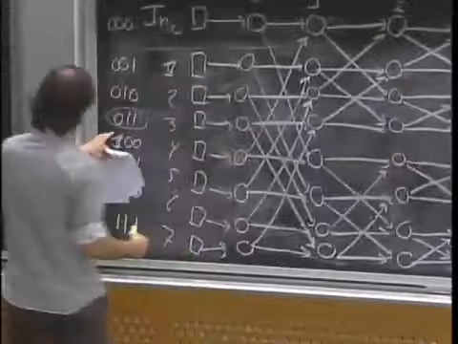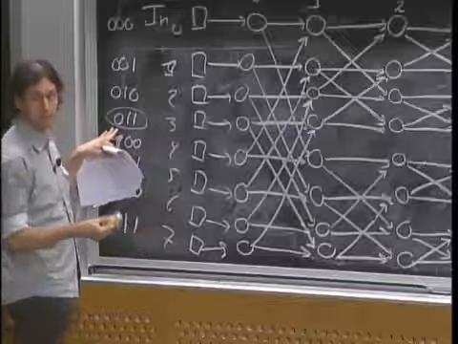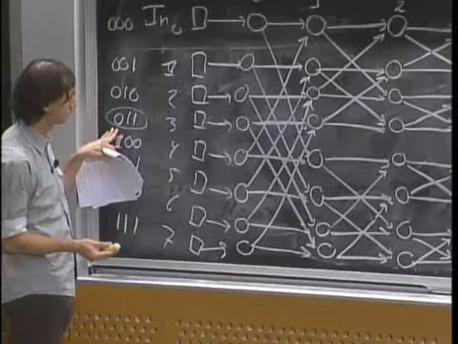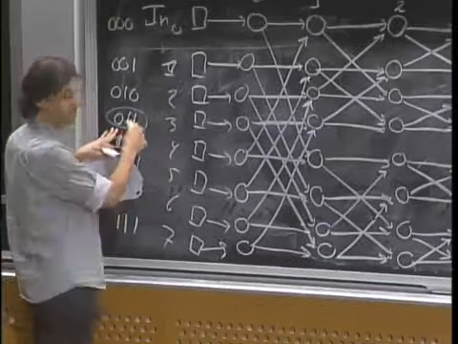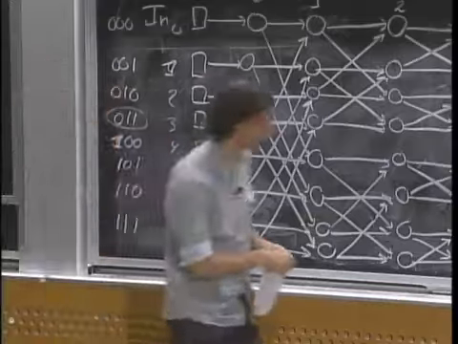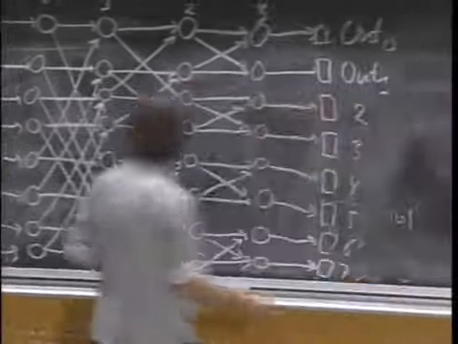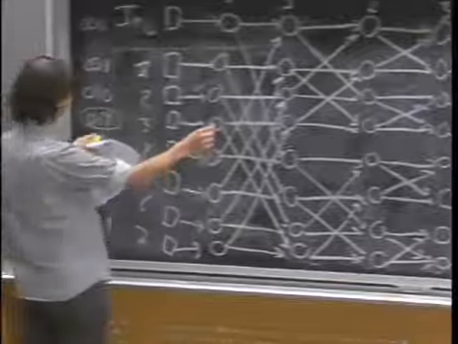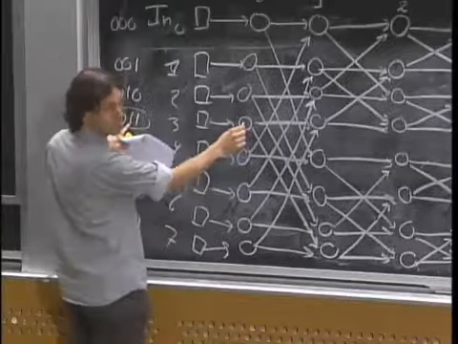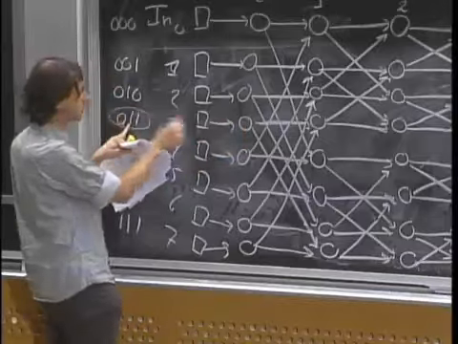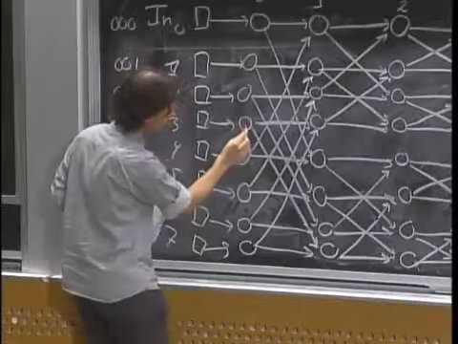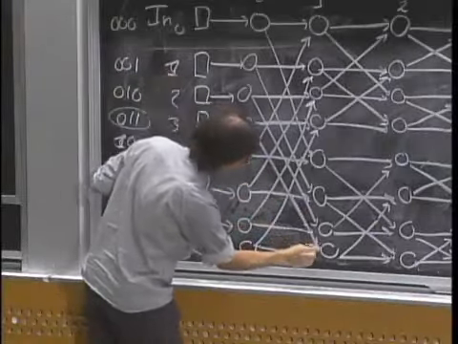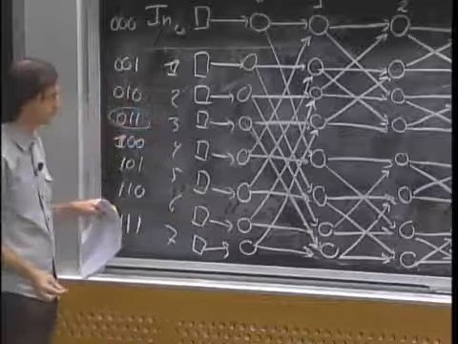So if the first bit is different, I need to cross, and otherwise I need to pass straight on. So let's do this. Over here, I'm in 0, 1, 1. I need to go to 1, 0, 1. So I need to change the 0 into a 1. So I need to go down. I need to cross.